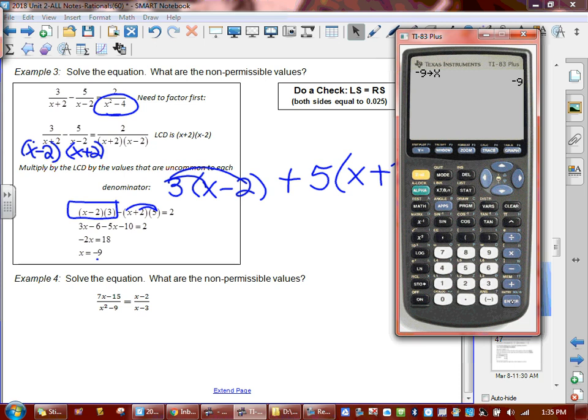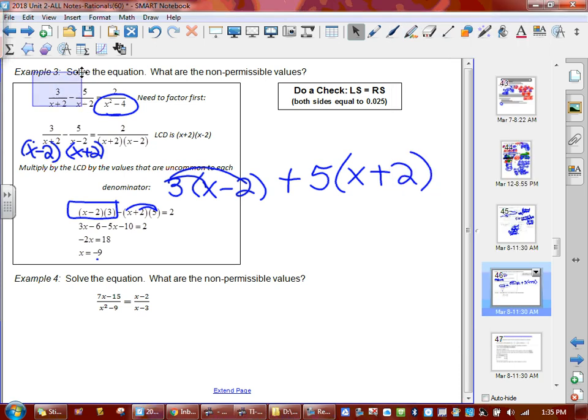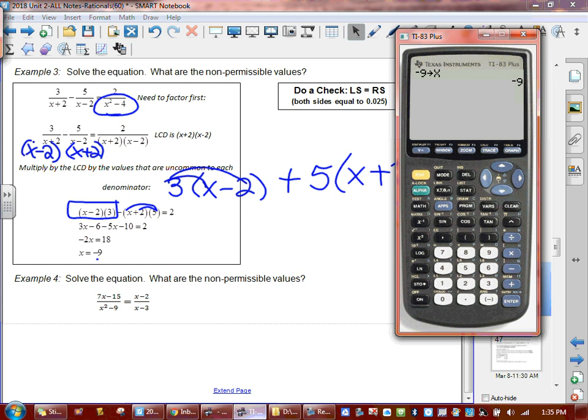Now I type in the left side of my equation. So I need to type in this part right here and see what it equals as a decimal. Then I'm going to type in that part and see what it equals as a decimal. So in this one, I'm going to type in 3 divided by, I need to open a bracket, x plus 2, close my bracket. Okay, I need to get my answer for that.